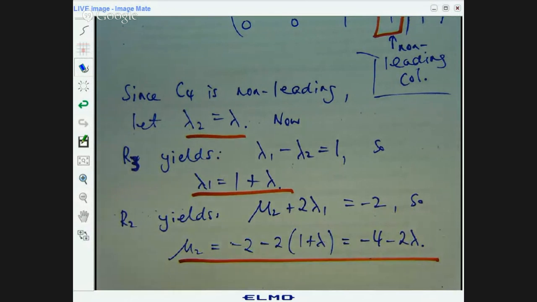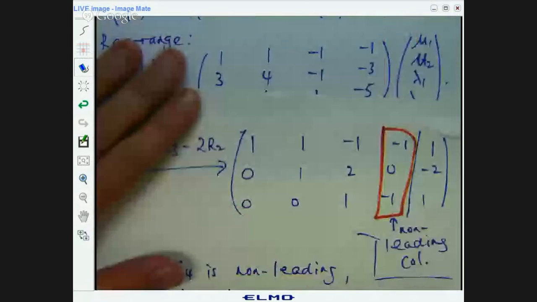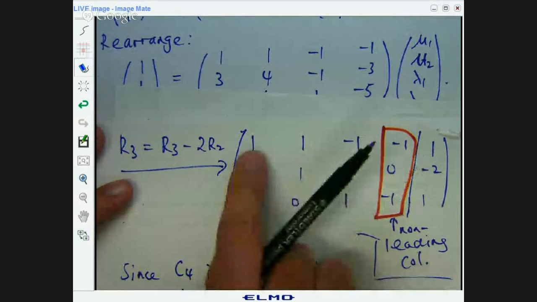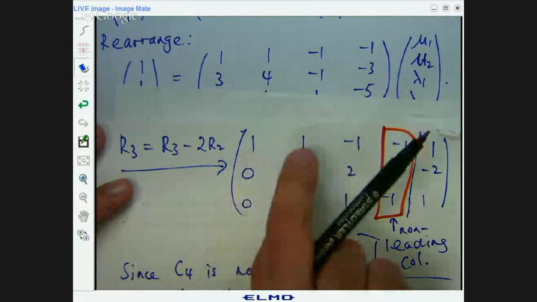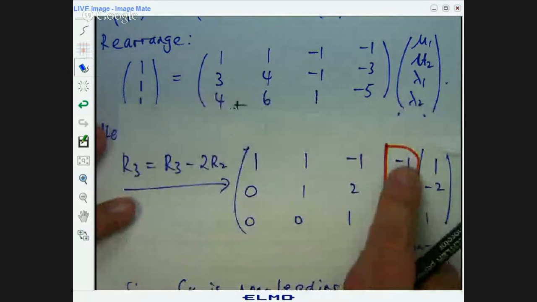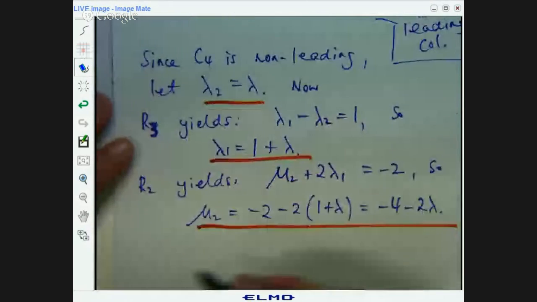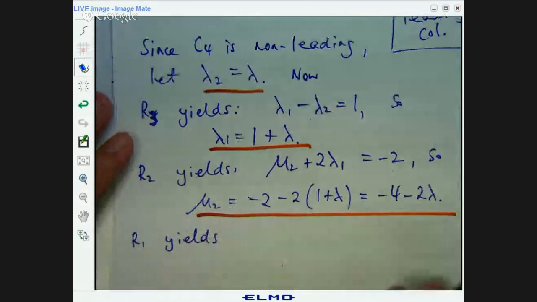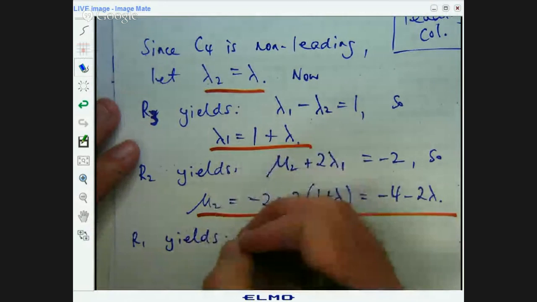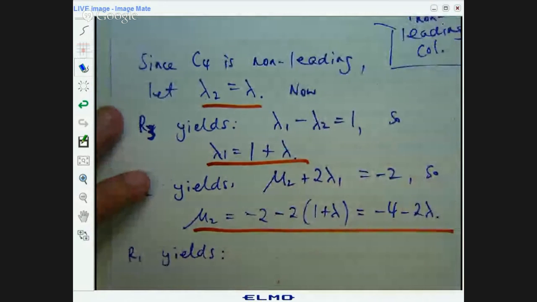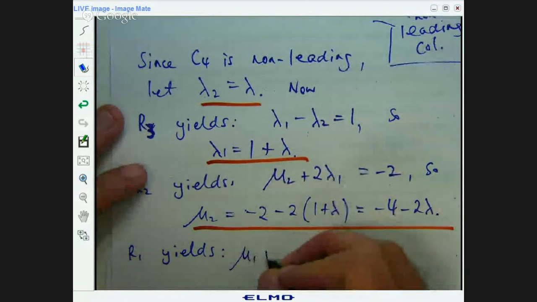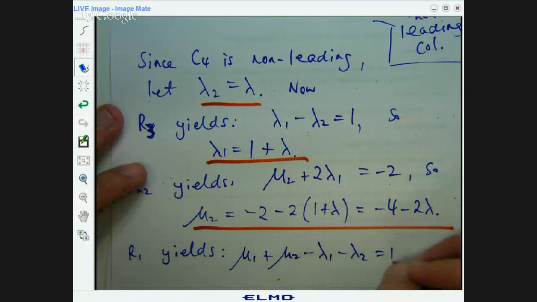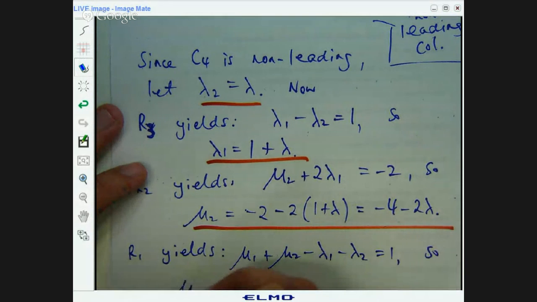The last thing we want to get is mu 1. From this matrix, it says mu 1 plus mu 2 minus lambda 1 minus lambda 2 equals 1. So we can use that. Let's make mu 1 the subject.